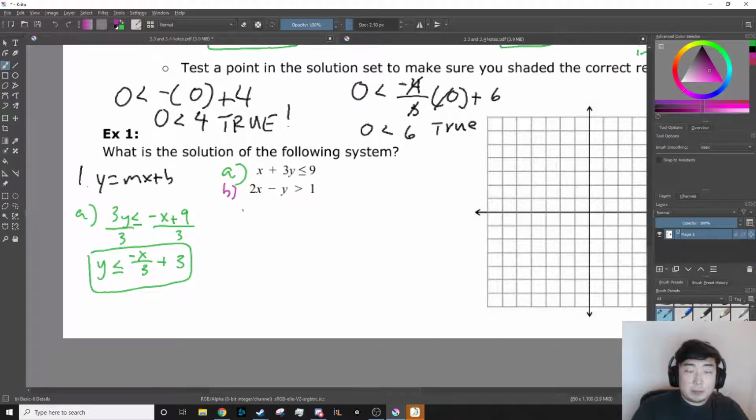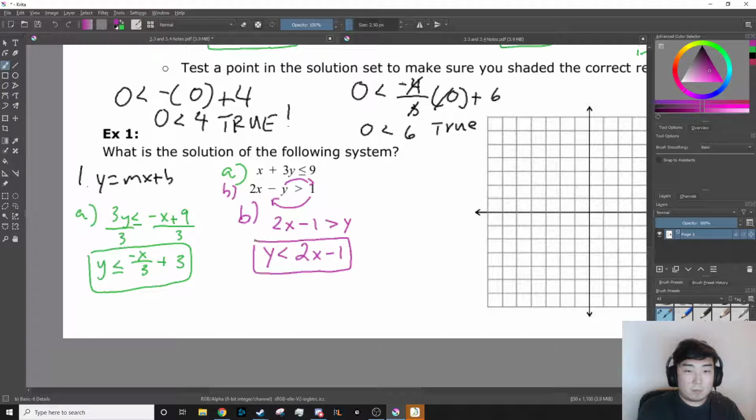And for inequality B, since my y is negative here, I'm just going to move it here and move the 1 over here. So it's going to be 2x minus 1 is greater than y, or y is less than 2x minus 1. Nice.